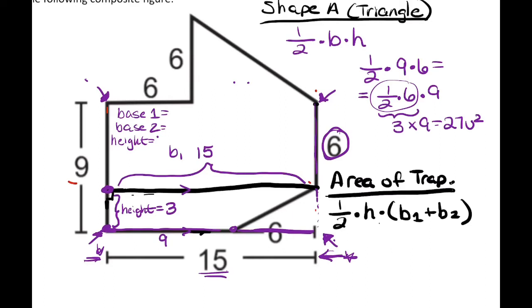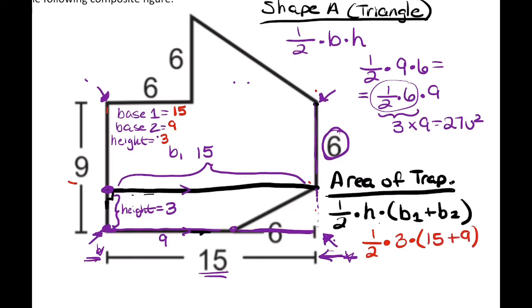So now let's fill it all in. Base 1 is 15, base 2 was 9, and the height was 3. So now we have all the important figures that we need to figure out the area of the trapezoid. So we're going to do 1/2 times the height. Now the height is 3. The bases are 15 plus 9.